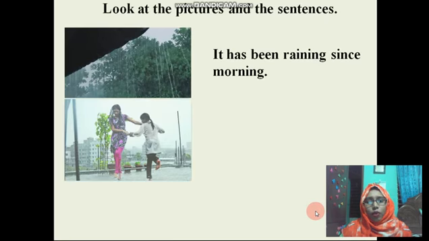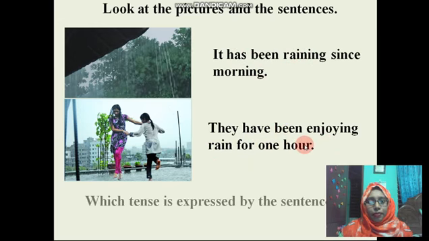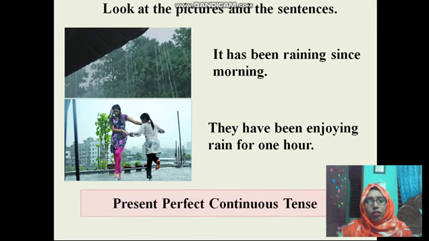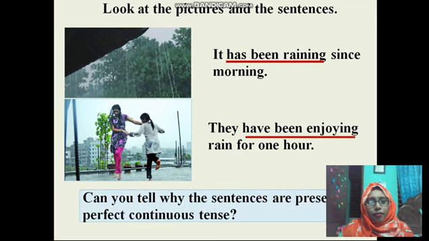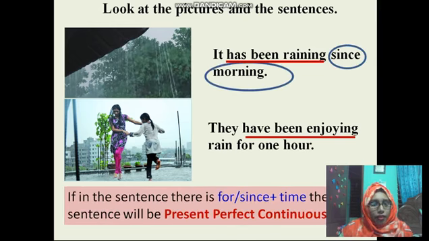Now you see, it has been raining since morning. They have been enjoying the rain for an hour. And which type of tense? These are present perfect continuous tense. Why? If in the sentences there is for or since plus time, the sentence must be present perfect continuous tense.